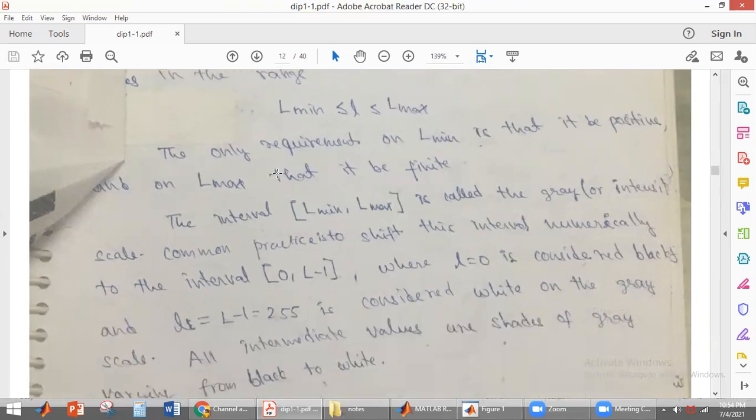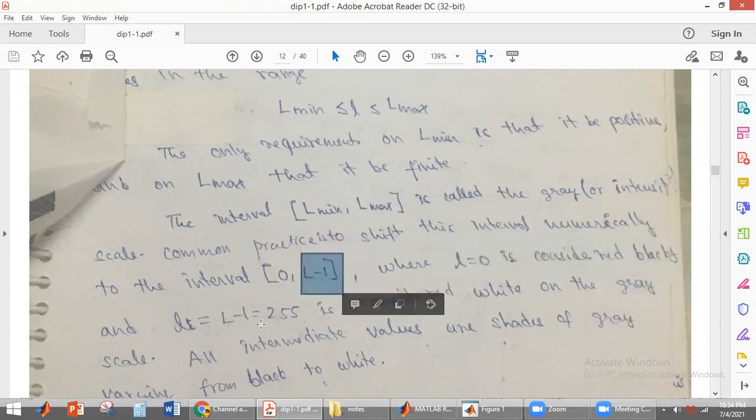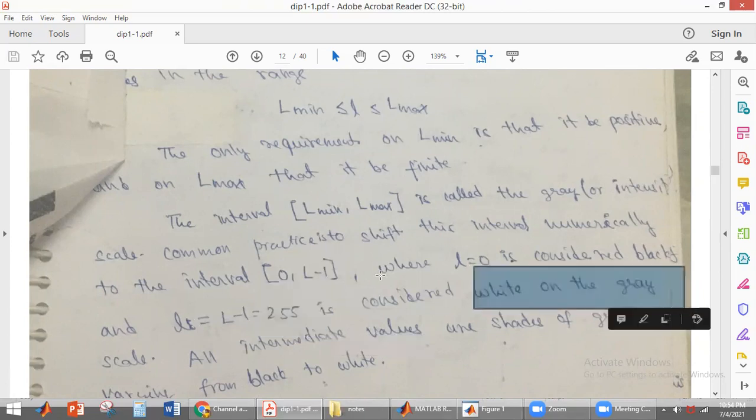The intensity interval ranging from L min to L max is called the grayscale. Usually the grayscale is represented as 0 to L minus 1. L equal to 0 is considered black, whereas L equal to L minus 1, which is 255, is considered white in the grayscale.